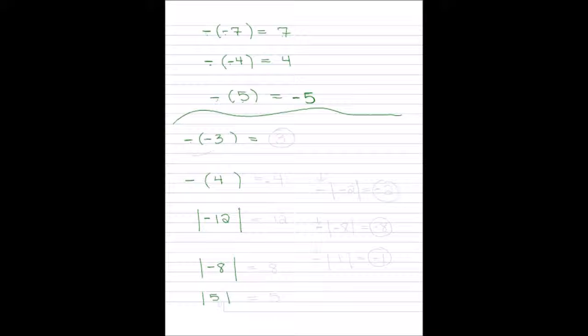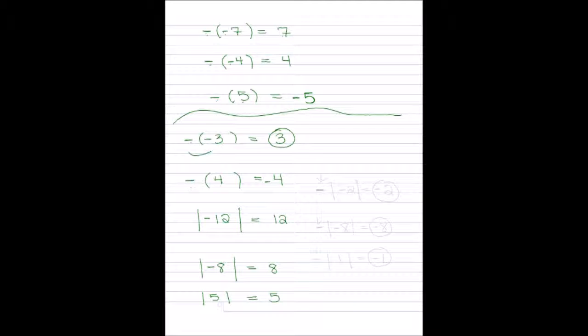These two negatives come together, make it positive, so this is positive 3 is your answer for this one. Let's look at the second one. The opposite of positive 4, there's not two negatives here, so this turns into a negative 4. The absolute value of negative 12, remember absolute value means distance from 0, so this is always going to be positive. The fourth one, again, this is the absolute value of negative 8, that turns into a positive. And then lastly, the absolute value of 5, always going to be positive.